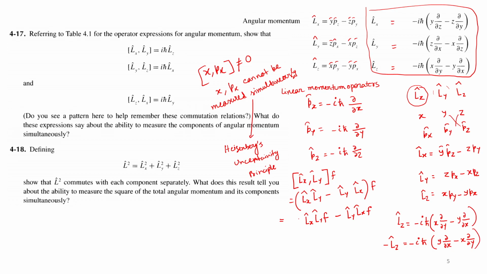Let us first do it for Lx, on one of the components, and I can give you the rest as homework. So we are going to see if Lx and L square commute or not.